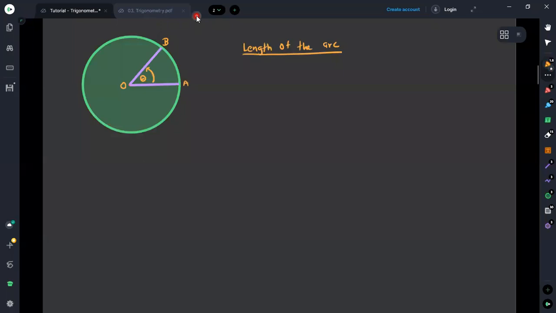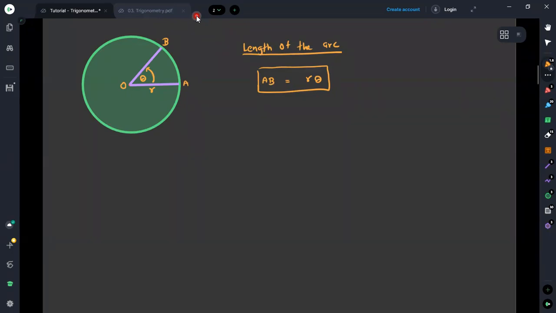Therefore, the length of the arc AB can be taken as r times theta, where r is the radius of the circle that we are considering, and theta is the angle subtended at the center of the circle, which has created this arc AB.